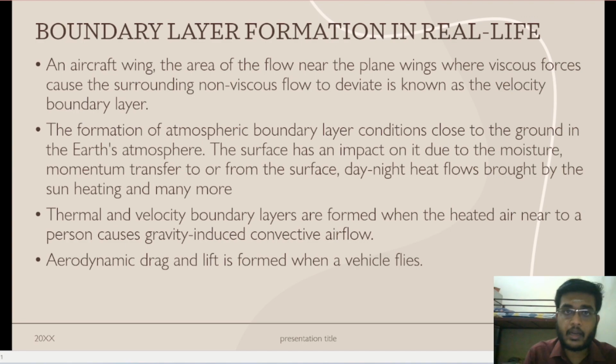The third type is the thermal boundary layer. Thermal and velocity boundary layers are formed when the heated air near a person causes gravity-induced convective airflow. Another type of boundary layer formation is through aerodynamic drag. So these are the real-life examples of boundary layer formation.